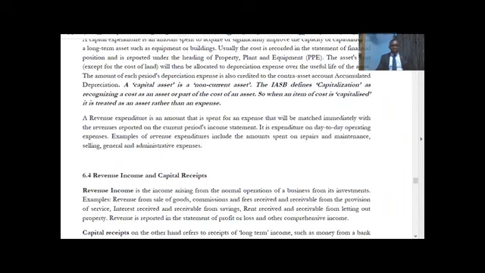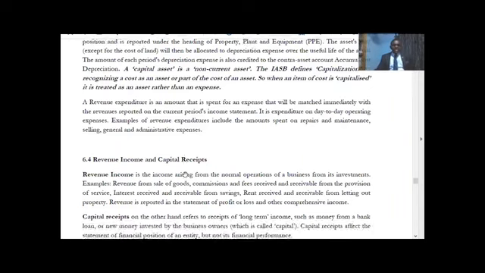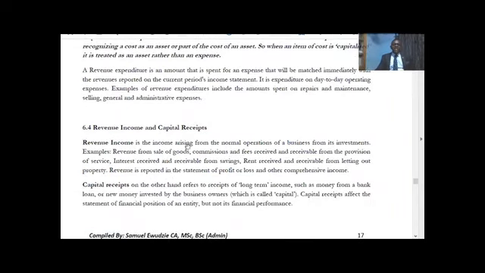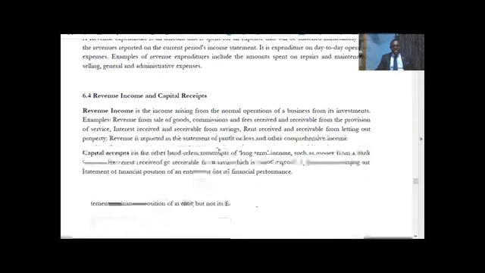Okay, great. Then let's look at revenue income and capital receipts. Now, when we talk about revenue income, it is the income arising from the normal operations of a business, from its investments.